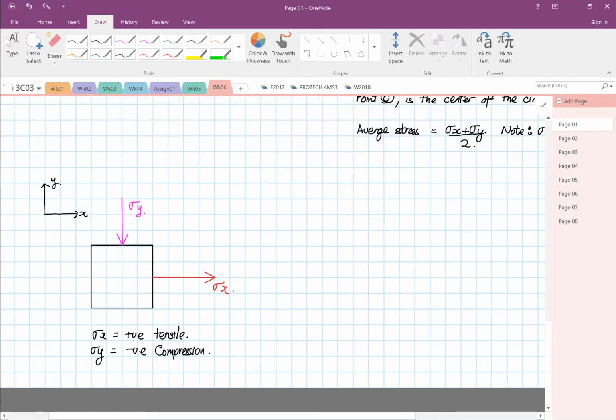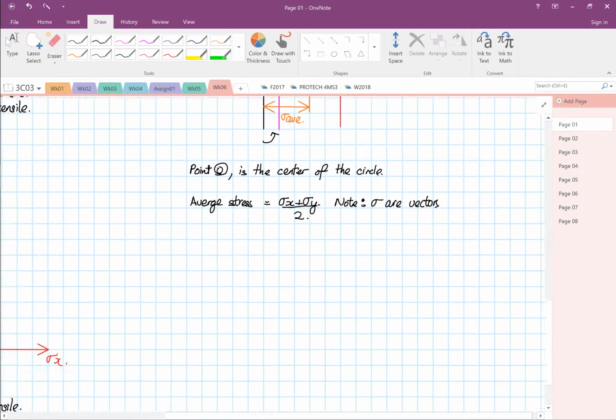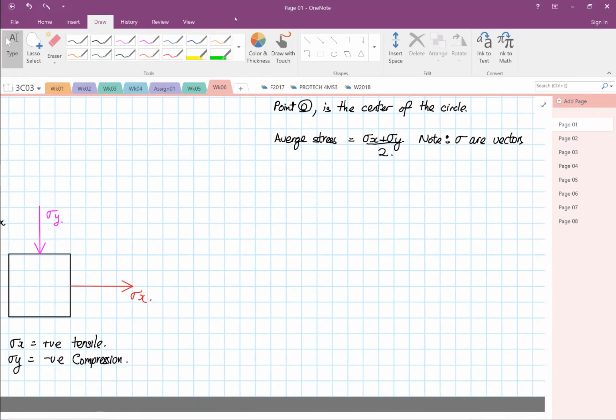Now if we were to construct a Mohr circle again, so this is the Mohr circle now. On the Mohr circle, this is your stress in your X direction, and then the vertical axis is going to be your shear stress, with clockwise direction and anti-clockwise direction.